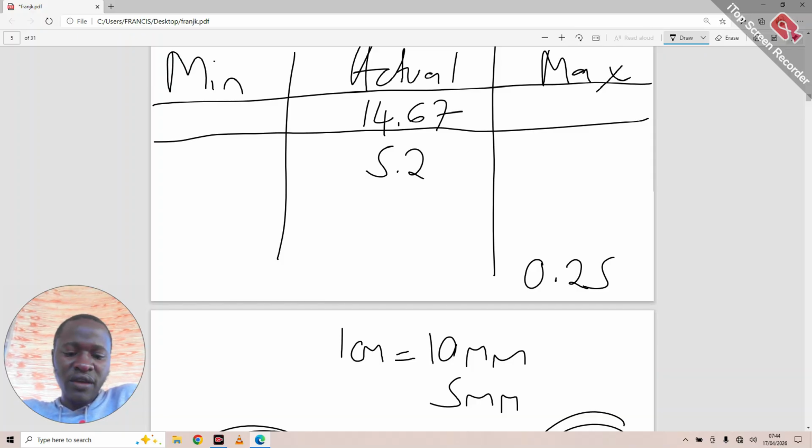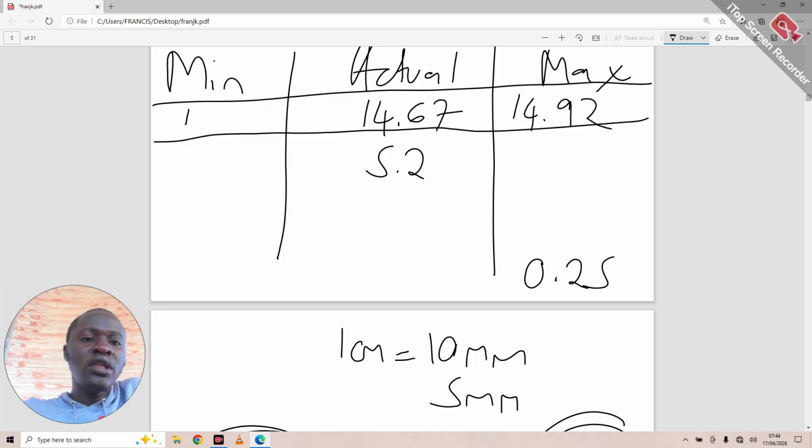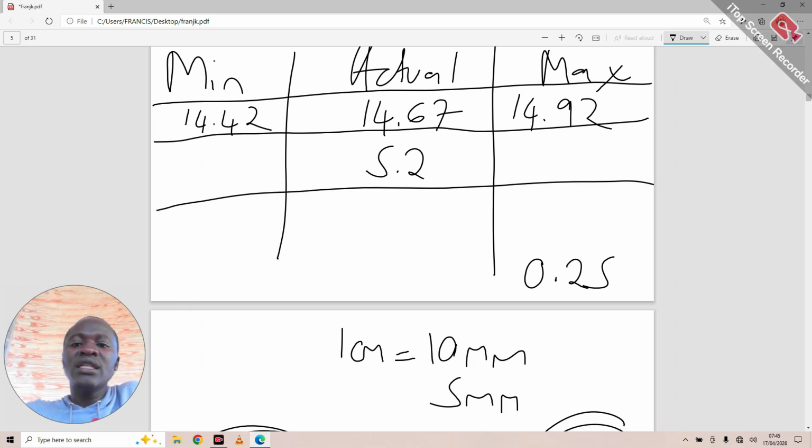Now 14.67 plus 0.25. So we add to get the maximum, 14.92. 14.67 minus 0.25, that is 14.42. Remember, it is applied in all the numbers. 5.2 minus 0.25, oh sorry, that one should be the minimum, 4.95.